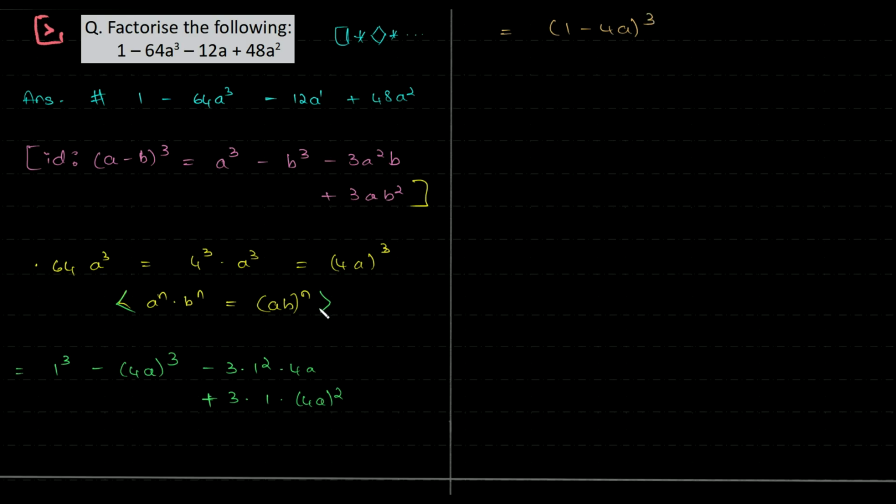Literally, there's nothing else. So 1, 2 and 3 steps kind of. Right? It's hardly any countable steps. But yes, it looks complicated. But once you get familiar with what formula to use, and how you can express the given expression as this particular formula, once that familiarity comes, you will be able to do any kind of question.